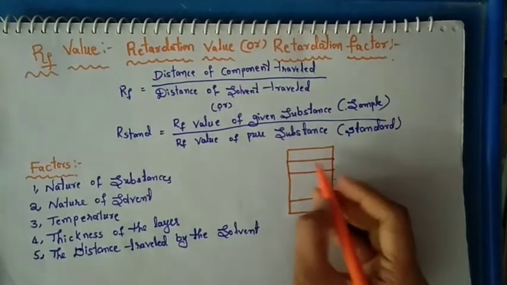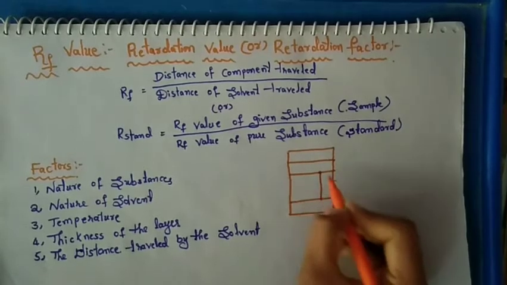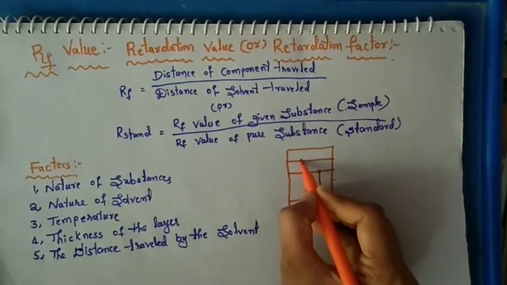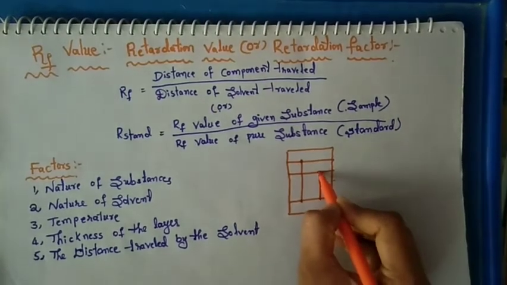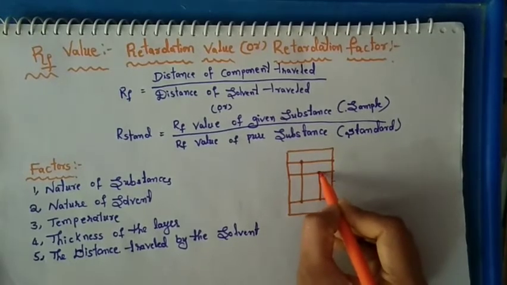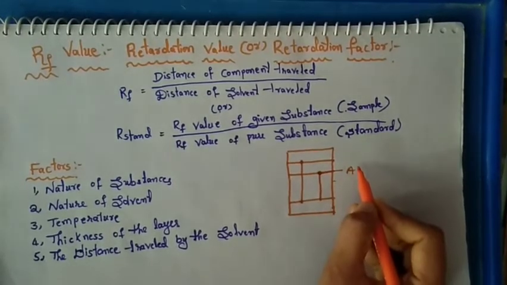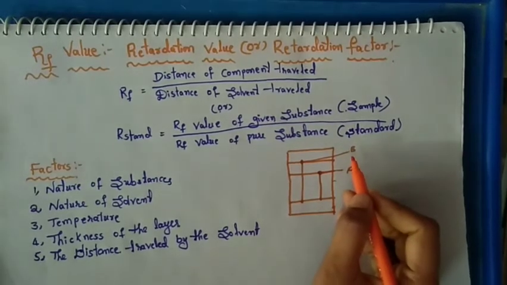The component travelled, another component travelled, those distances. This is one spot, this is the second spot. This spot name may be A, and this is B.